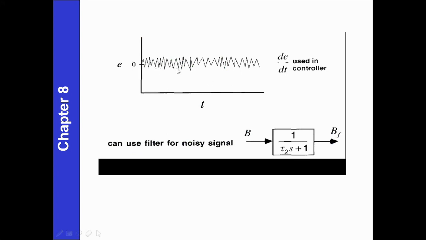In this case, we can use it with a noisy signal. If there is a noisy signal, you can apply the derivative controller and filter it out. For a noisy signal, in this case, we have a transfer function with 1 over τD s.